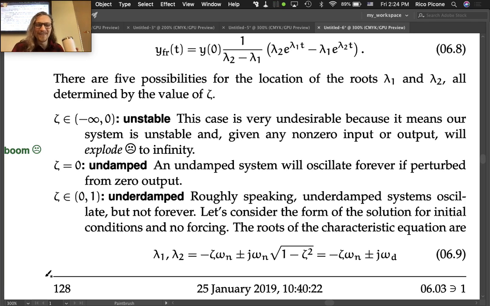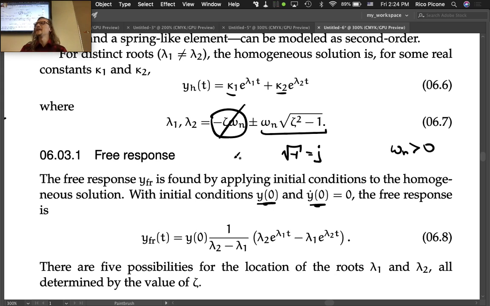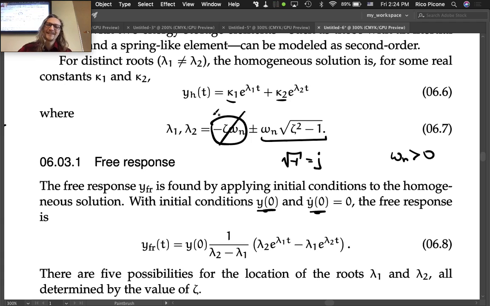Okay, so if zeta is between 0 and 1, we have an underdamped situation. So roughly speaking, underdamped is going to oscillate but not forever. Your friend tires out throughout the evening and eventually passes out. This is the best friend to bring to the party. In my opinion, this is the optimal friend to bring. I need several of these around me to help balance me out. So this is what happens when zeta is less than 1, but greater than 0.